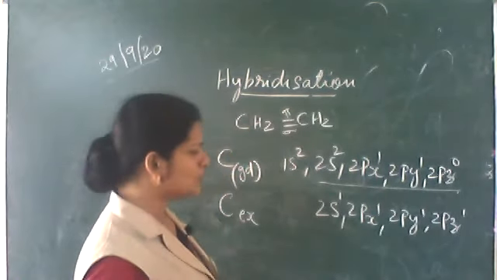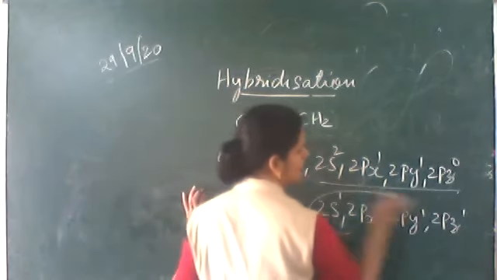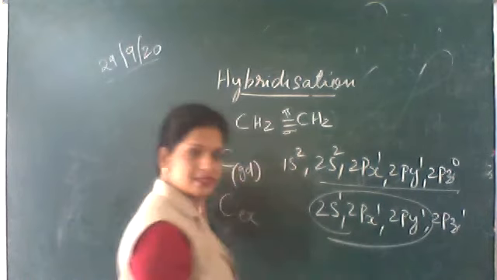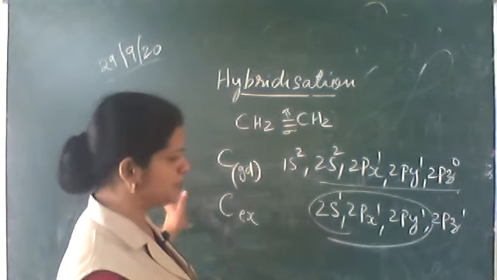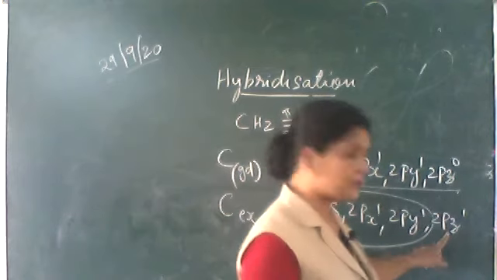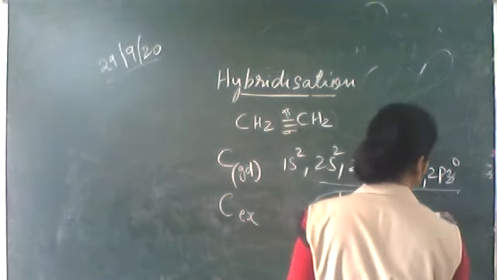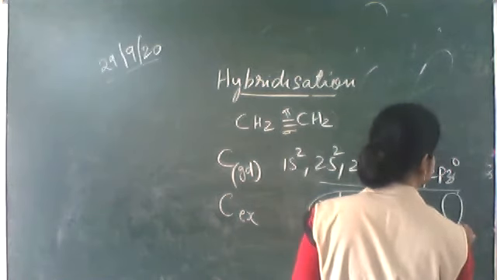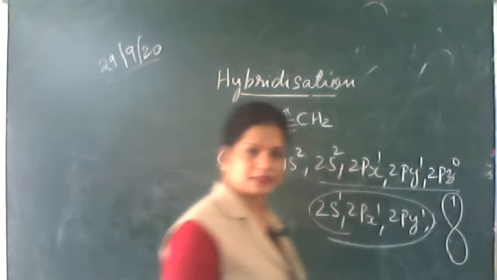Now what is observed? Only these are getting hybridized. So it undergoes sp2 hybridization, but this is a pure pz orbital, not undergoing hybridization, with one electron.